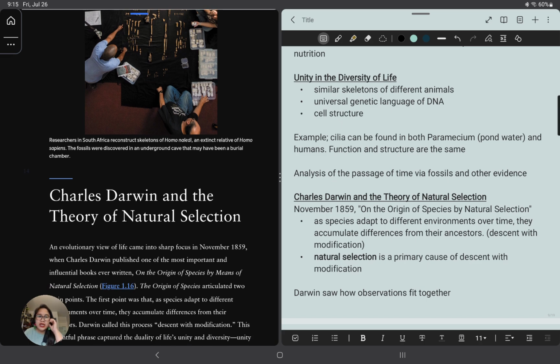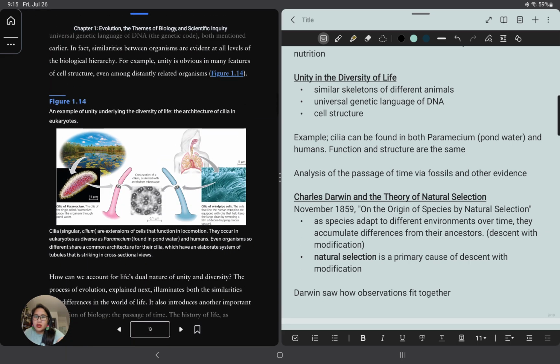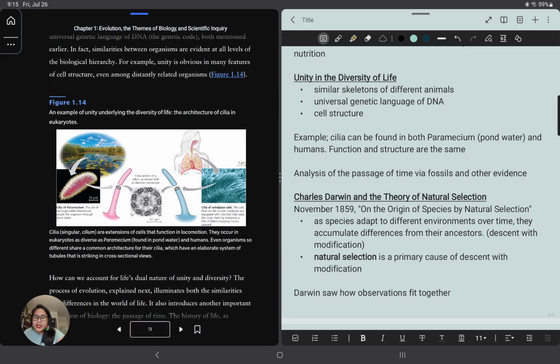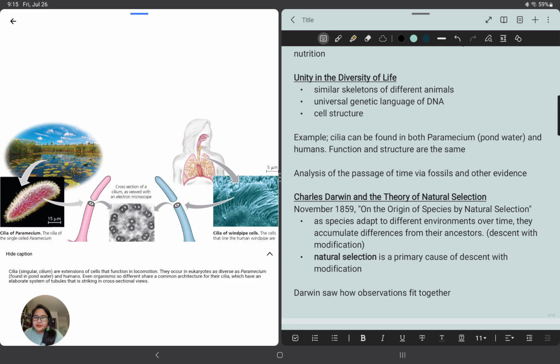So for unity and the diversity of life, I wrote similar skeletons of different animals, universal genetic language of DNA, and cell structure. For example, cilia can be found in both paramecium, in pond water, and humans. The function and structure are the same. Cilia is like a hair.